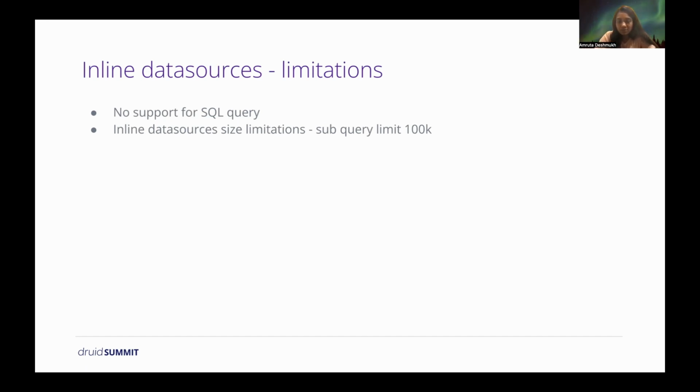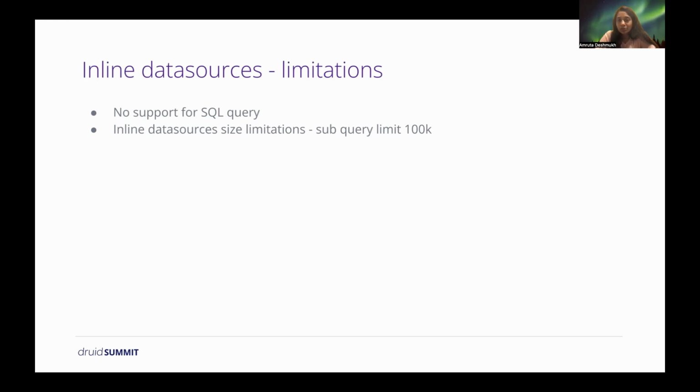We know we can increase it, but there might be performance implications if memory is not increased accordingly on each of the historical processes. So we have not faced this issue yet, but if we do, the next step would be to increase the query limit and then also increase the memory limits on the historical processes.